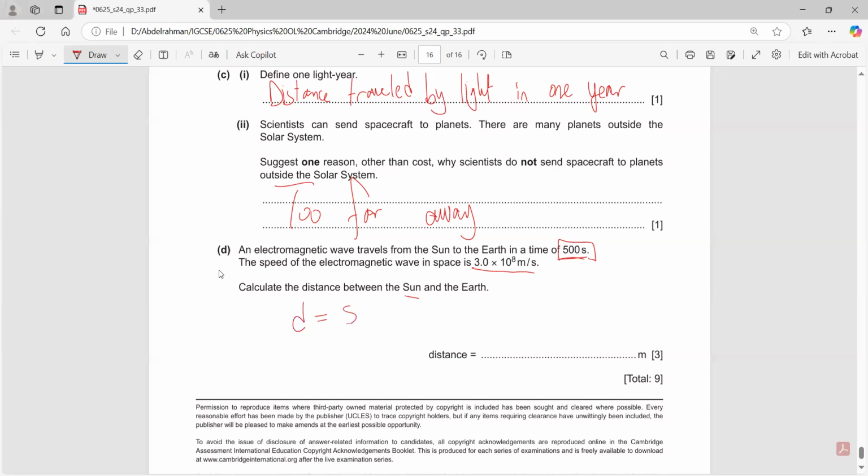The speed is 3 times 10 to the power of 8, and the time is 500 seconds. This gives you 1.5 times 10 to the power of 11, which is 150 billion meters or 150 million kilometers. 150 million kilometers is the distance between the Earth and the sun.